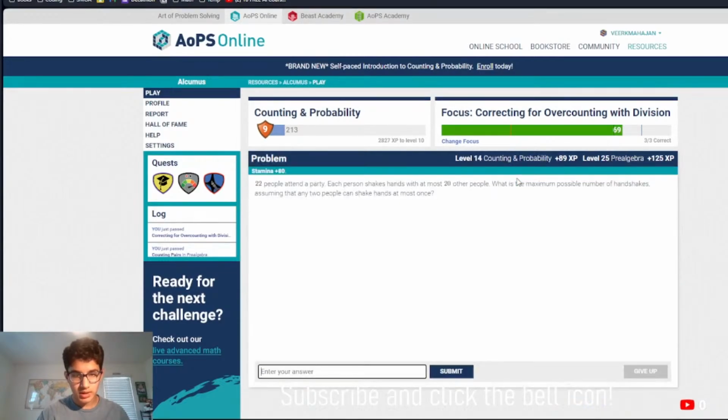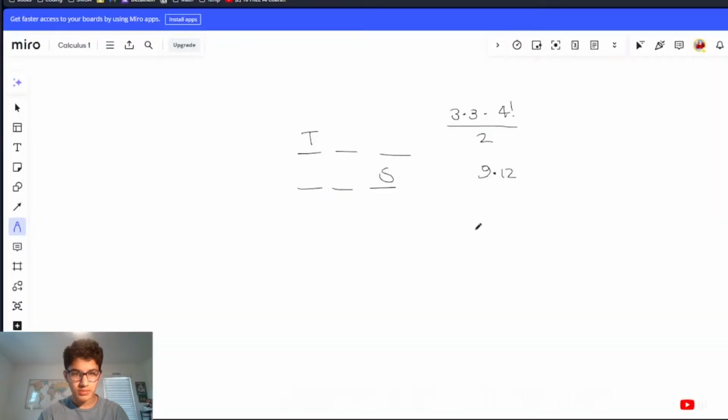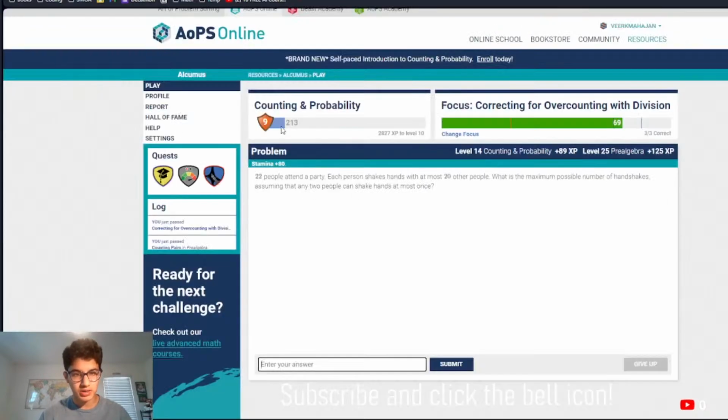Okay, correct. 22 people attend a party. Each person shakes hands with at most 20 other people. What is the maximum possible number of handshakes, assuming that any 2 people can shake hands at most once? So this is kind of similar to when you have 11 couples and then you shake hands with everyone.